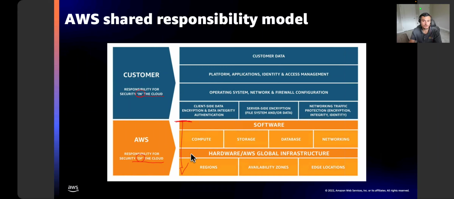So for example, making sure that there is maintenance and security around these physical hardware devices, right? Making sure that the network infrastructure, the software infrastructure is all taken care of. Whereas you, the customer, you're going to be in charge of everything that comes on top of that, right?